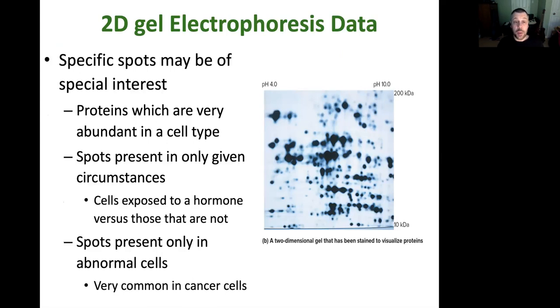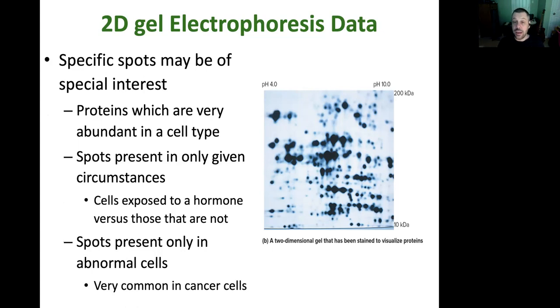Each one of those black spots should be one protein, and you can literally cut those out of this gel and get the protein sequence from those spots on the gel. This is something that I've actually done, and it works pretty good.